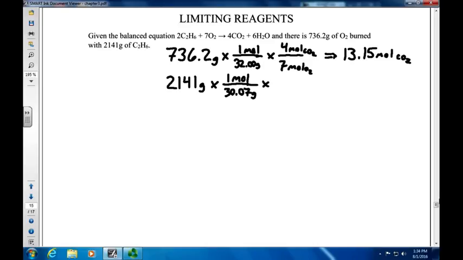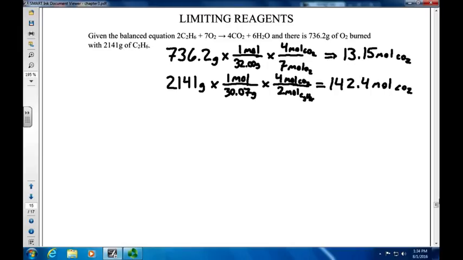And then its molar relation with CO2, 4 moles CO2 versus 2 moles of ethane. Okay, and that would yield 142.4 moles of CO2.